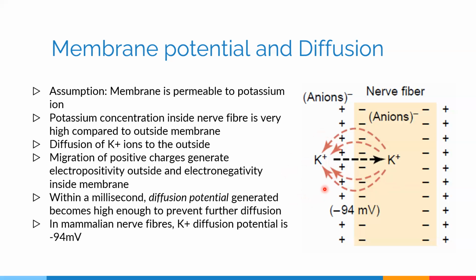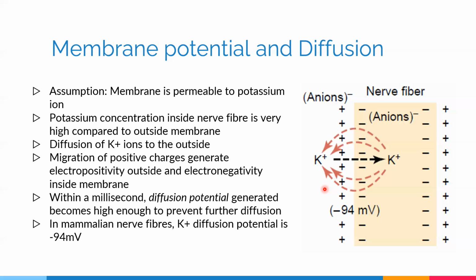Thus, a diffusion potential is generated. Within a millisecond, this diffusion potential becomes high enough to prevent further diffusion. Thus, the concentration gradient is now balanced by the electrostatic force that is being applied on the potassium ion.